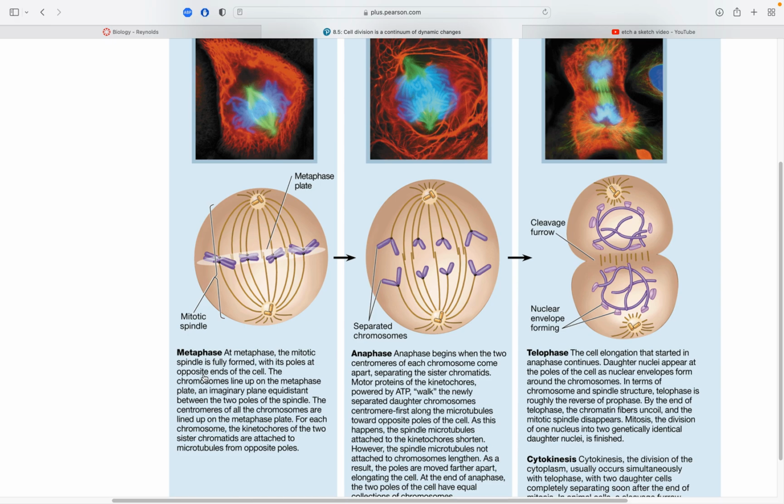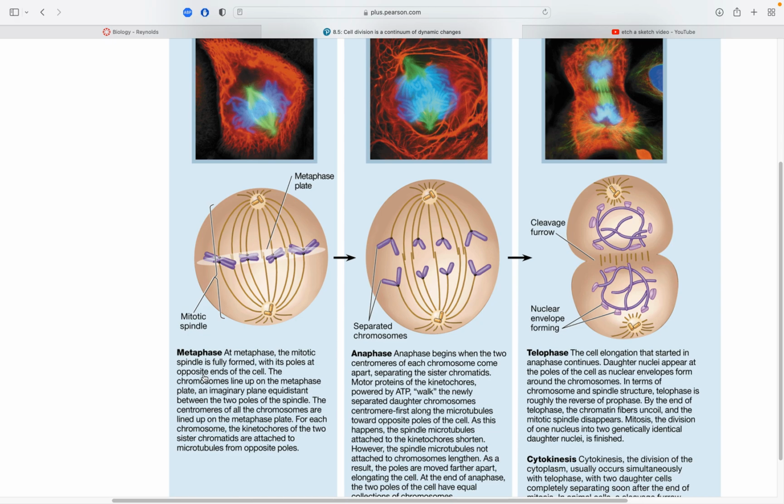So now when the director in the Hollywood movie goes action, A for action, A for anaphase, the actors are moving on the stage. And the sister chromatids get pulled apart, going to opposite ends, but as they're moving, that's anaphase. When they get to their destination over here on the right, this is telophase.